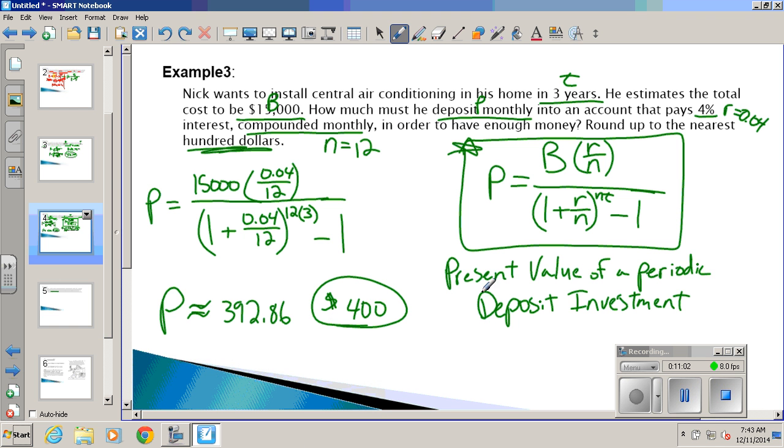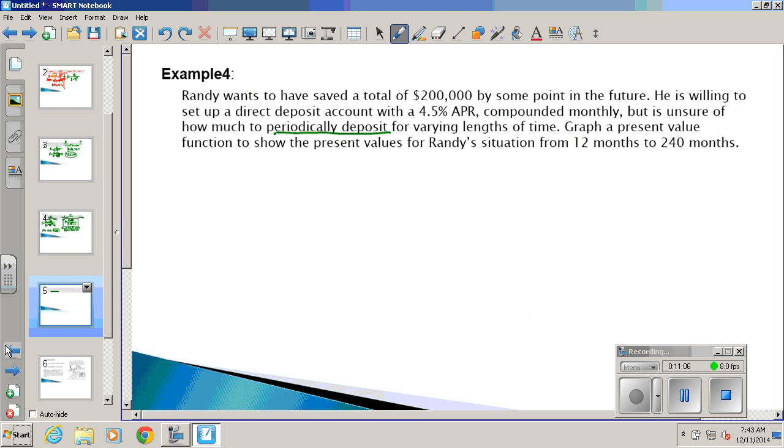P equals B, this one right here. See that? Periodic deposits. All right, so he wants to have saved $200,000. So this is his balance he wants. 4.5% APR, so that gives me a rate of 0.045.